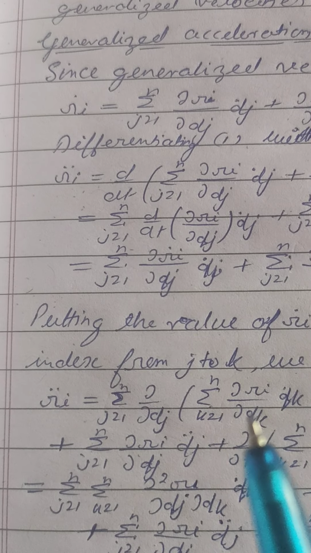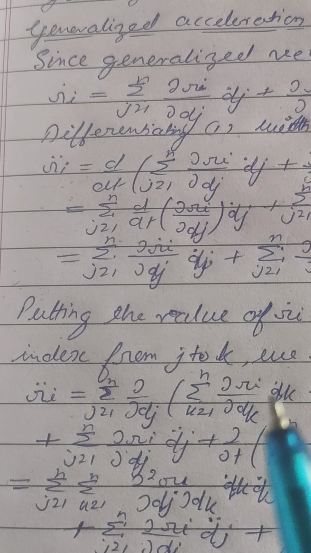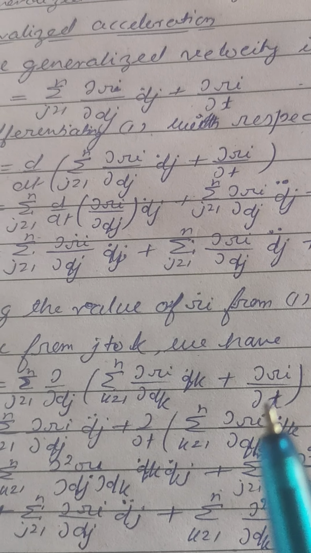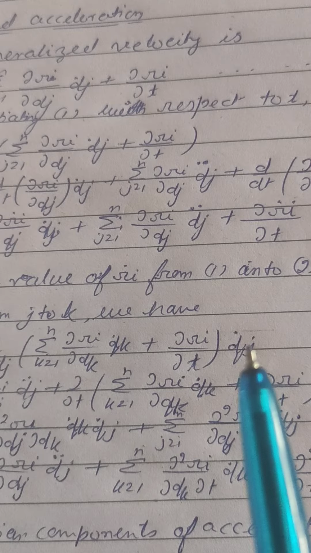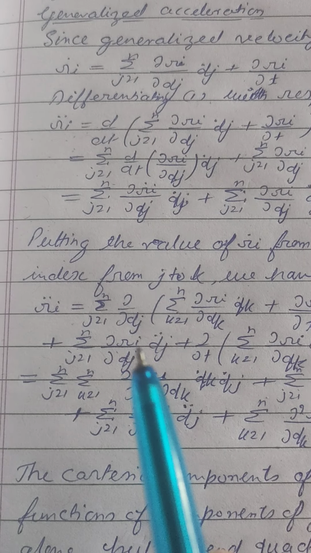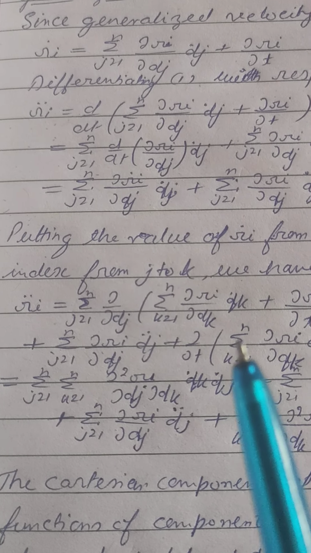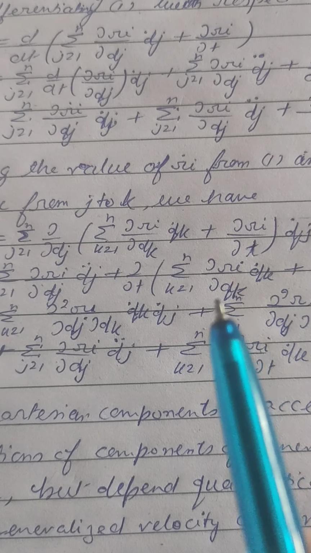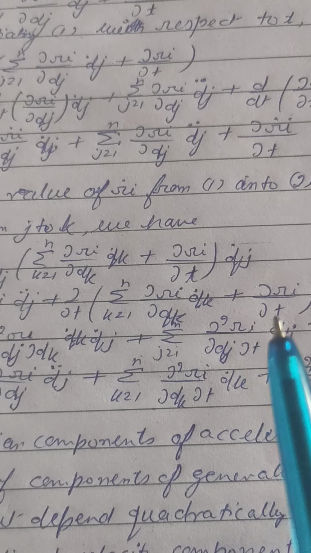So k varies from 1 to n, the partial derivative of r_i with respect to q_k times q_k dot, plus the partial derivative of r_i with respect to t, times q_j dot, plus the sum over j from 1 to n of the partial derivative of r_i with respect to q_j times q_j double dot, plus the partial derivative of the bracket, k varies from 1 to n, of the partial derivative of r_i with respect to q_k times q_k dot, plus the partial derivative of r_i with respect to t.